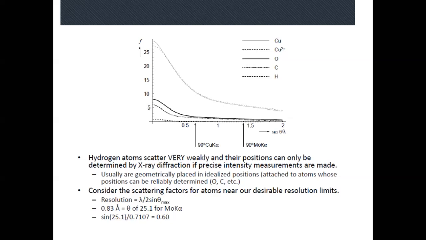Using copper radiation, you get stronger scattering ability versus molybdenum radiation, as shown in this graph here. So at 90 degrees with copper K alpha radiation, copper, oxygen, and carbon scatter quite efficiently, whereas with molybdenum, this starts to decrease compared to copper K alpha radiation.